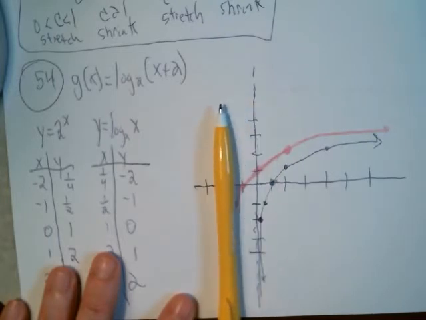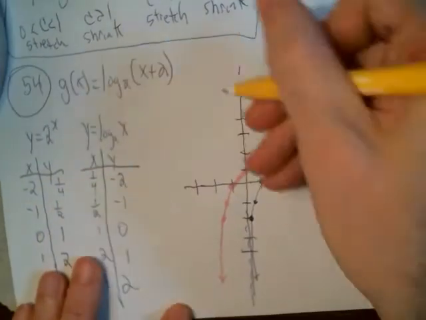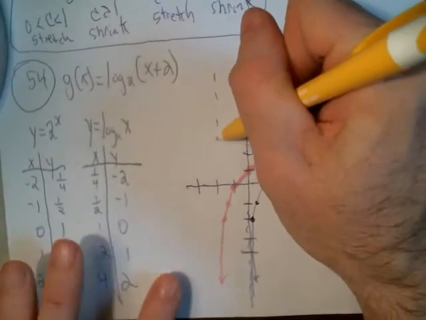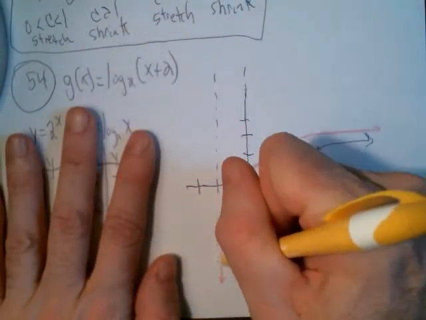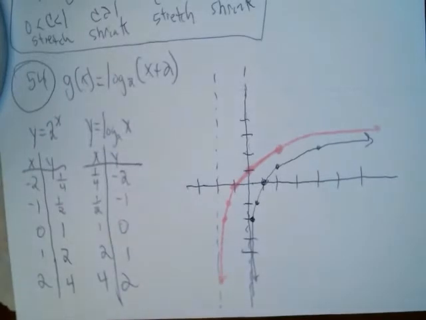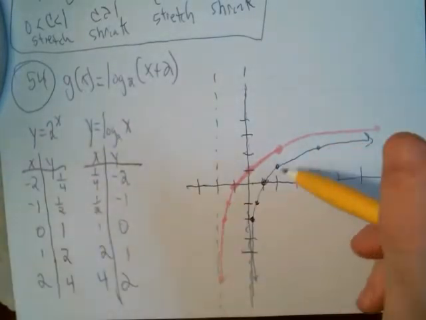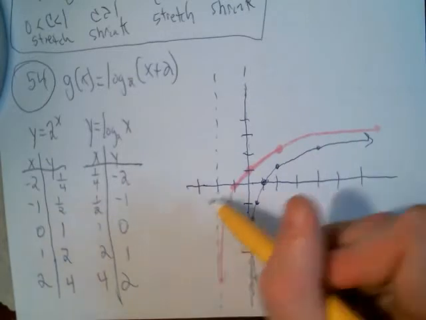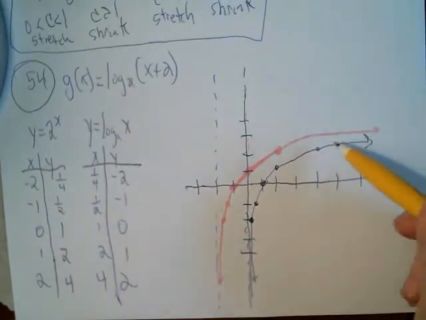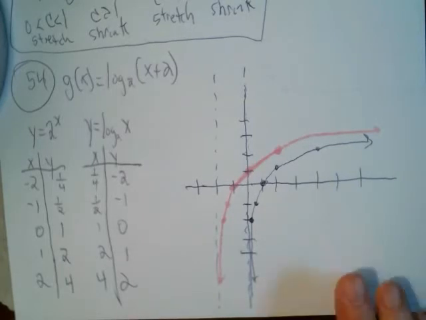We go over 1 and then 2 right here. Again, the graph isn't just about the things you see, it's about the things you don't see. And that is a fairly important factor because this logarithm is not going to keep going to the side like that. It's going to level off at -2.